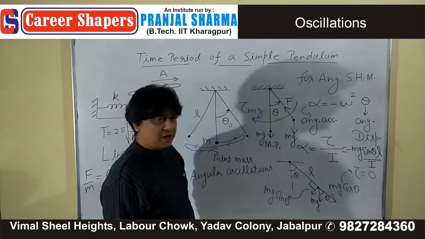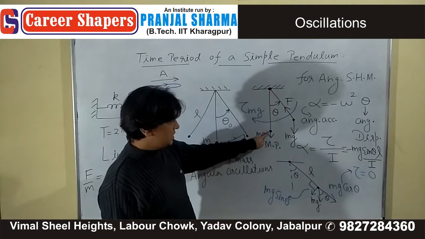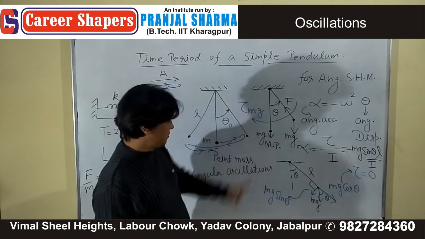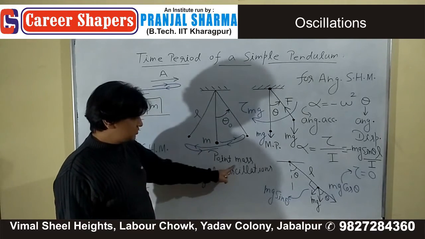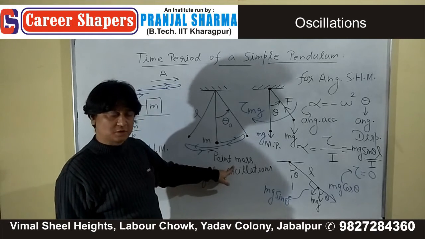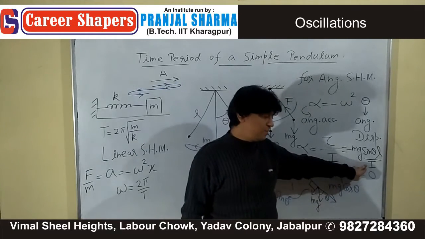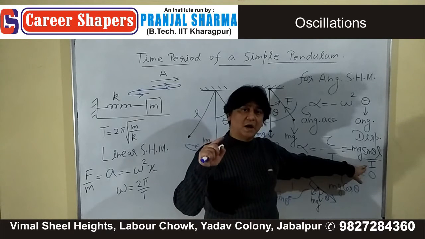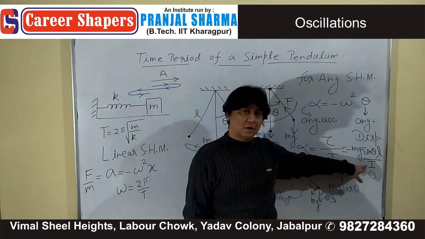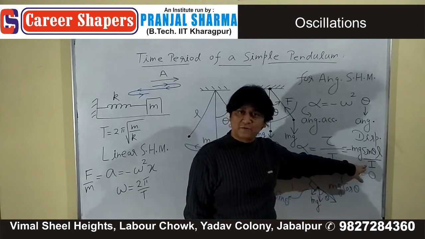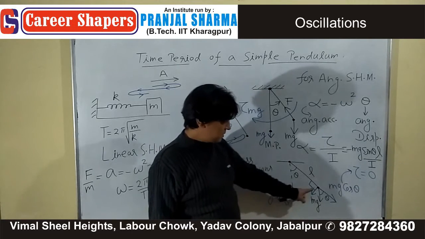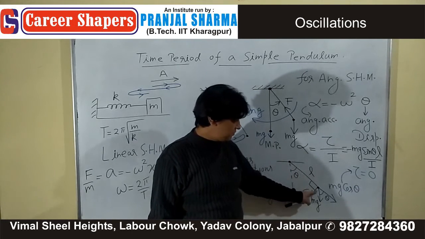Once we have the negative sign, what is this bob? This bob is a point mass. What is the moment of inertia of a point mass? m r square. What is r? Perpendicular distance from the axis of rotation. What is the perpendicular distance from the axis of rotation?